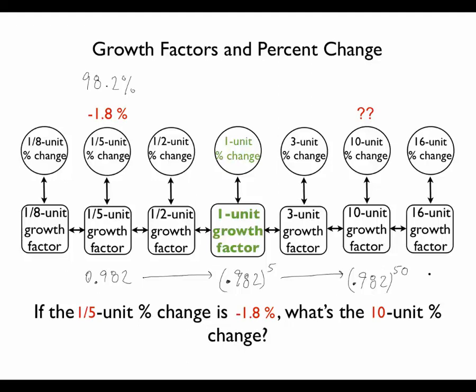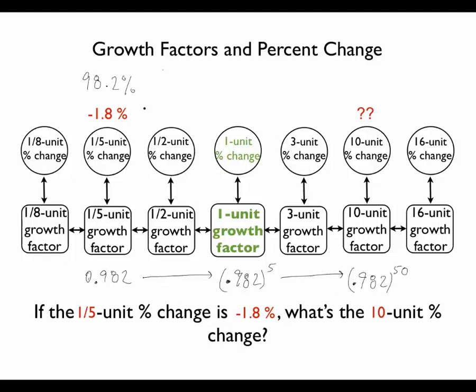I'm not sure really how you got that 98. Okay, so this is percent decrease. How do we get a decay factor from a percent decrease? This is how much we lose, and remember the decay factor is how much we keep. So if we're losing 1.8%, how much are we keeping?